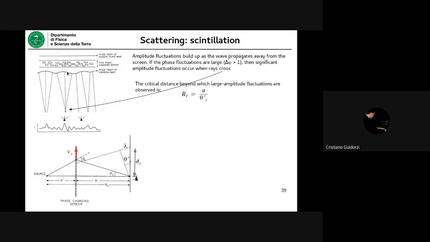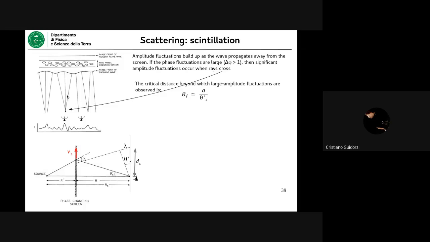Given that the minimum size is the size of the blob, so just geometry for kids, you immediately see that R times the angle has to be the length A. So RF times theta s prime has to be equal to A. So this is the critical distance, measured from the screen towards the observer, beyond which you will see all these complex diffraction patterns. The distance has to be larger than the critical distance.